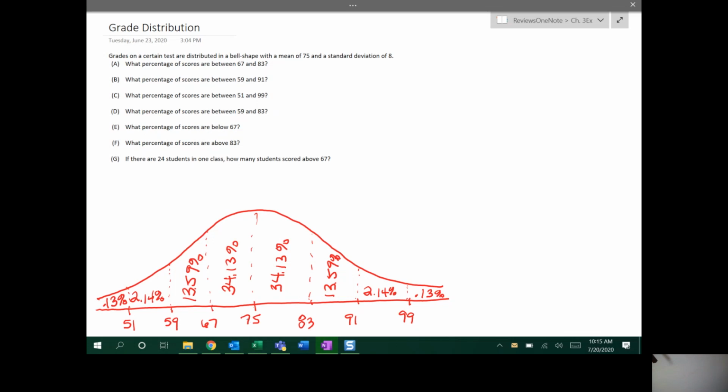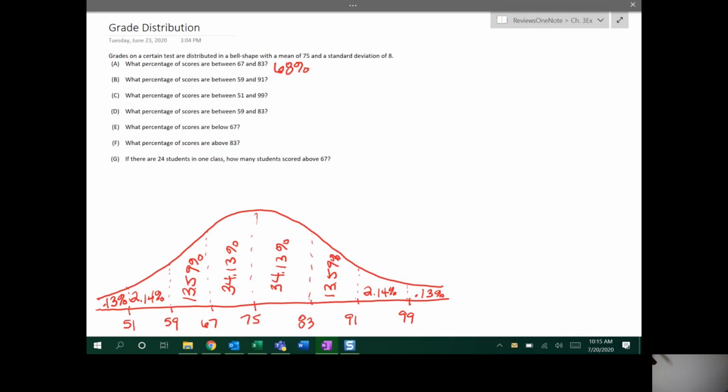Note that 67 is 1 standard deviation to the left, and 83 is 1 standard deviation to the right. Because it's 1 and 1 on either side, then the empirical rule, also known as the 68, 95, 99.7 rule, says 68% falls within 1 standard deviation.